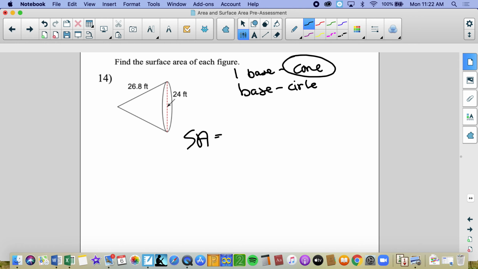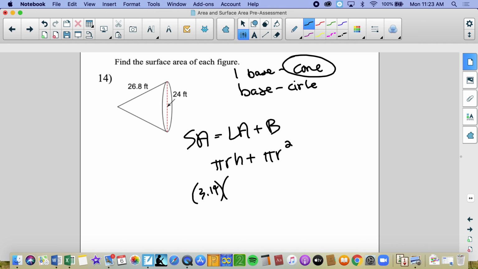Surface area equals the lateral area plus the single base. Now this is where it gets interesting. The lateral area is pi r h. And then the base shape is a circle, so we're going to have pi r squared. So pi, we're going to plug in 3.14. The radius, notice they give us the diameter, so don't put 24 feet.